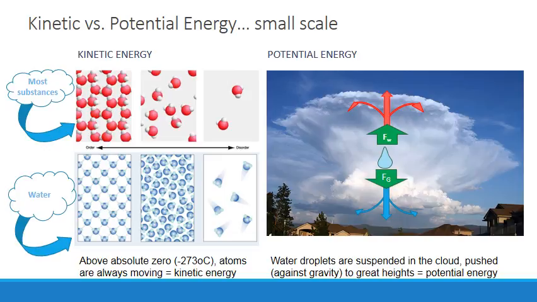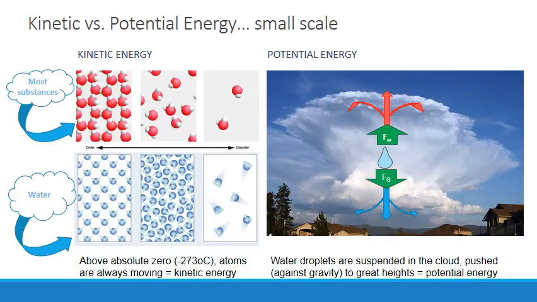So inside this big cloud on the right, large raindrops or hailstones remain suspended inside a towering cumulonimbus cloud because the upward force of the warm air inside the cloud is balanced with the combined forces of gravity plus the downward force of the cold downdraft wind. So we have wind pushing up, indicated by the red arrows, and we have wind pushing down, which is indicated by the blue arrows.